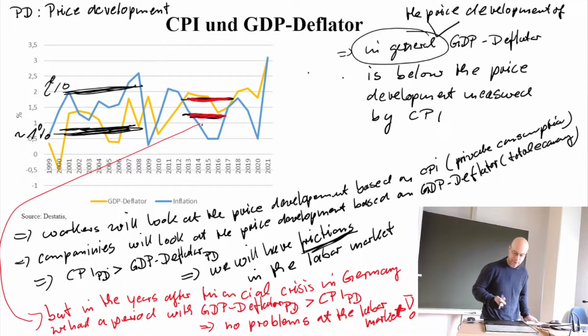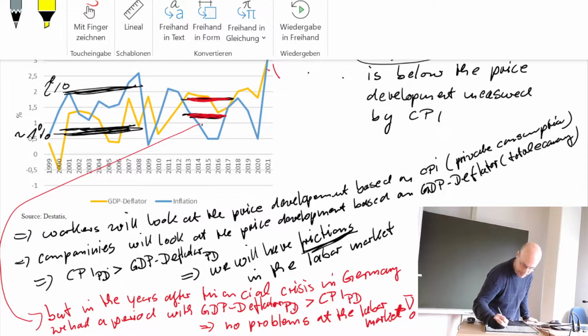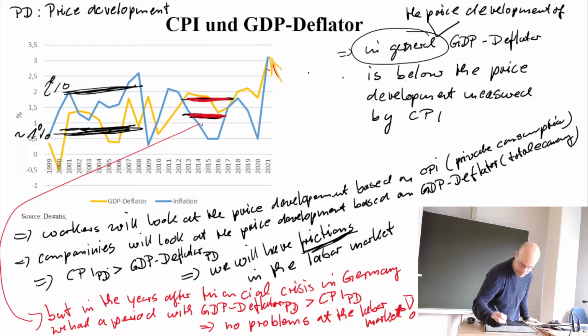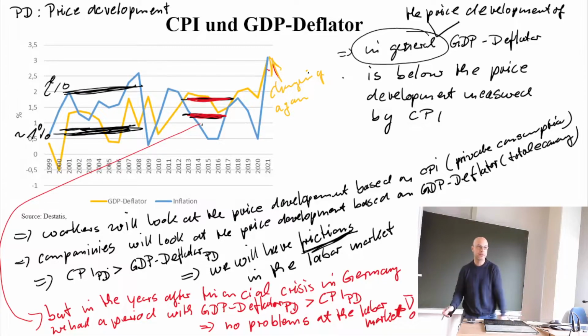Well, and unfortunately, right now, this is changing again. So right now we have inflation rates of about 10%, and the forecast for GDP deflator is roughly about 5, 6, or maybe 7%.